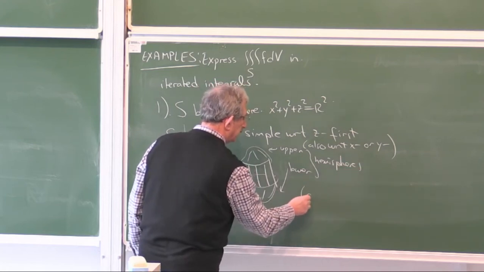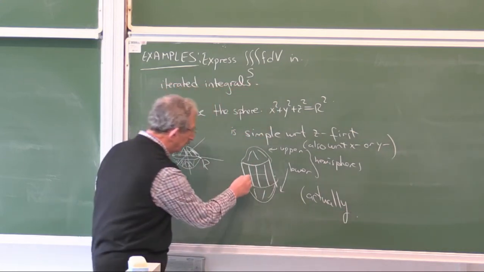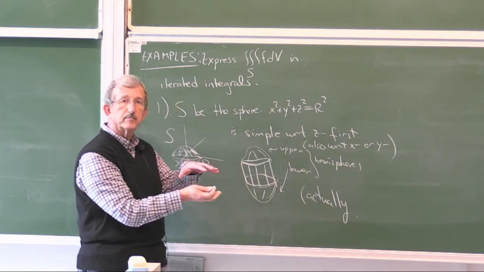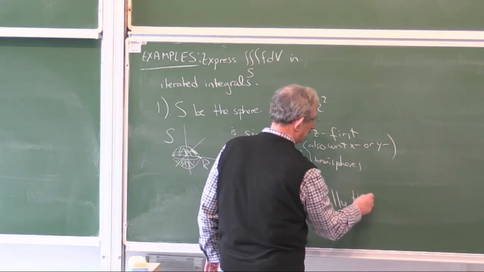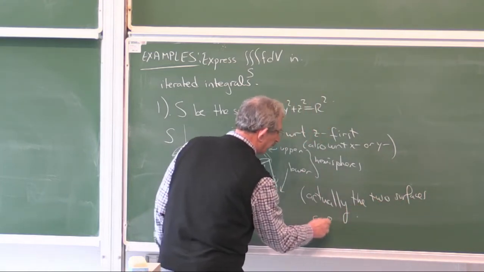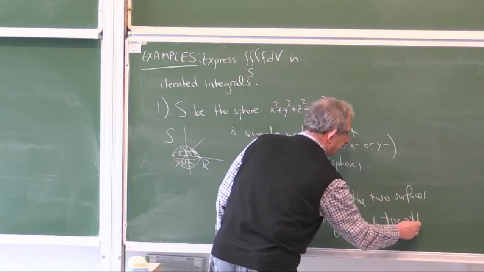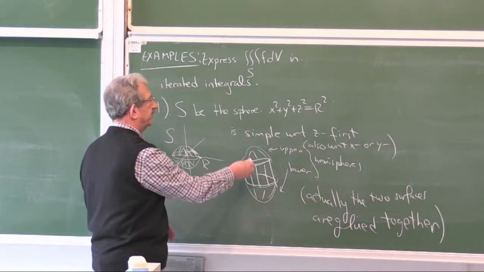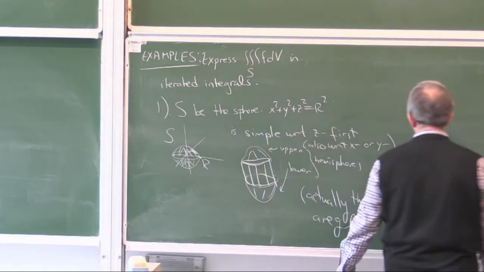But actually, the curves here coincide. So actually, the two surfaces are glued together. I mean, they are squeezed, so you don't see this vertical part, but it is still a simple region with respect to z first.